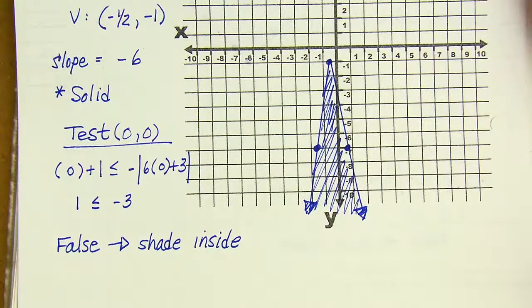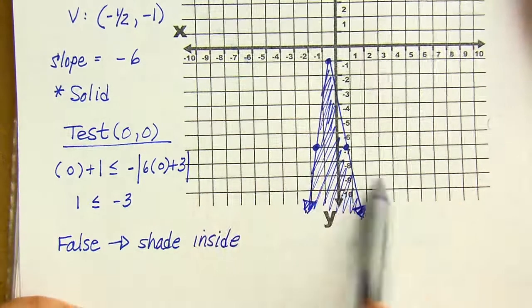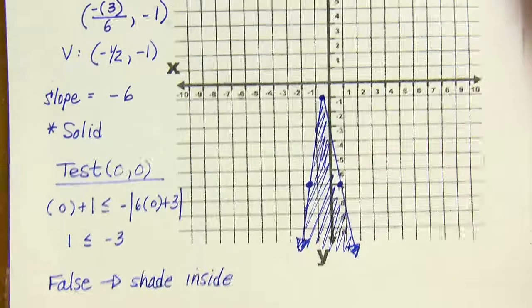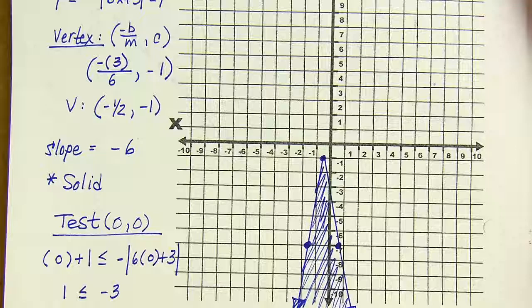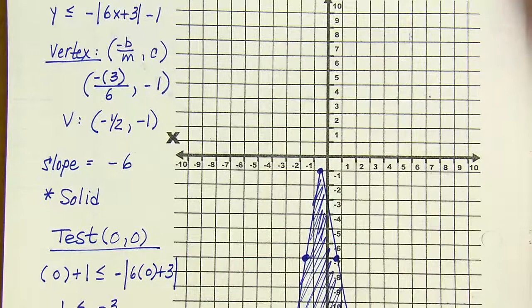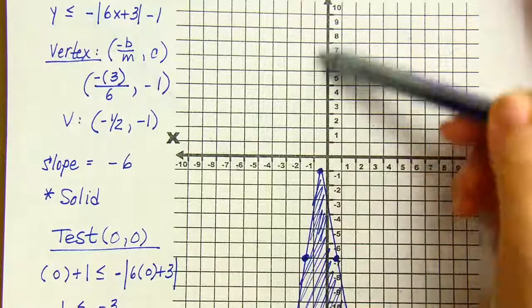Now, if this was true and I'd shade the outside, well then you'd have to shade all of this, okay? But in fact it was false, so I shaded the inside. But again, one more time, if it was true, then you would shade this whole thing on the outside of the graph.